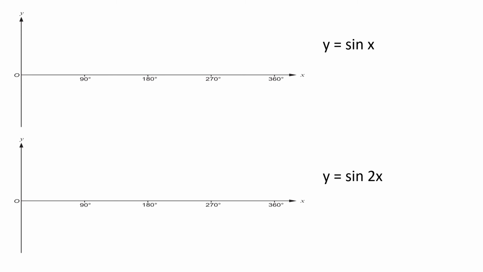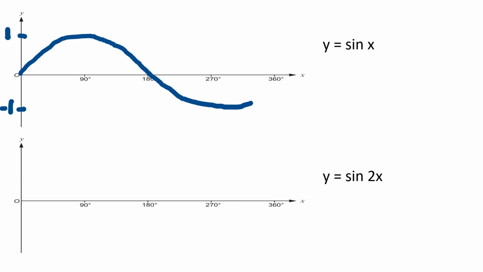So what does y equals sine x look like? Well, it looks something like that. Sine wave, period 360, amplitude 1, so it varies between -1 and +1. Now, I quite like thinking about what happens to particular points. If we think about the x value 90, if we're going to draw y equals sine 2x, then we have to double that.